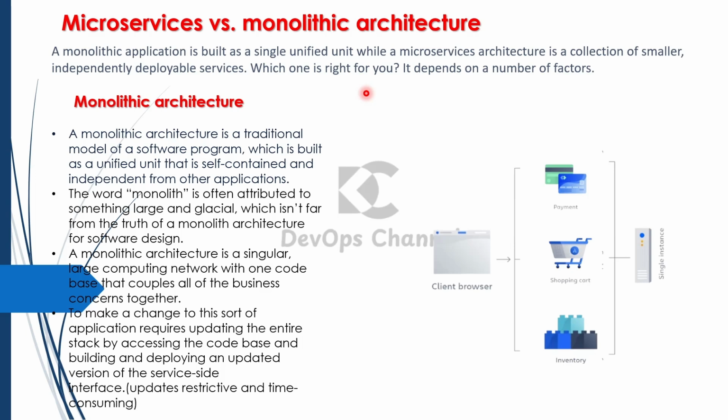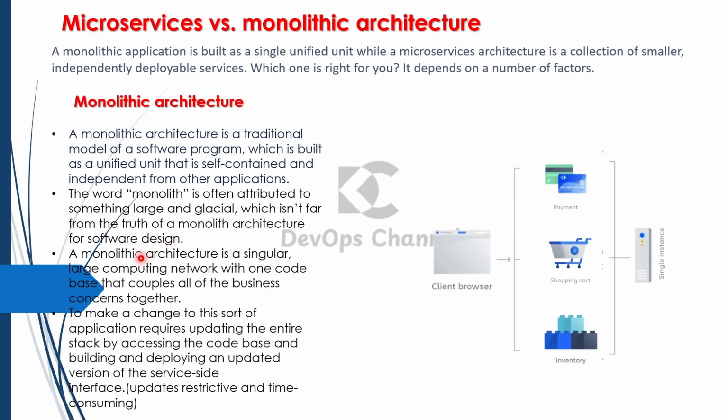Now let's go over it and understand in depth. A monolithic architecture is a traditional model of a software program, which is built as a unified unit that is self-contained and independent from other applications. Basically, it bundles a set of services in a single instance. The word monolith is often attributed to something large and glacial, which isn't far from the truth of a monolith architecture for a software design.